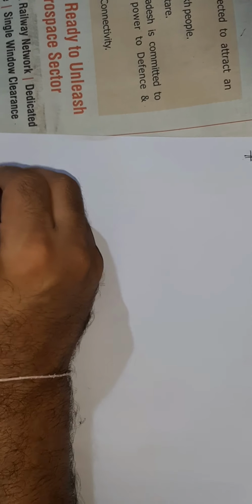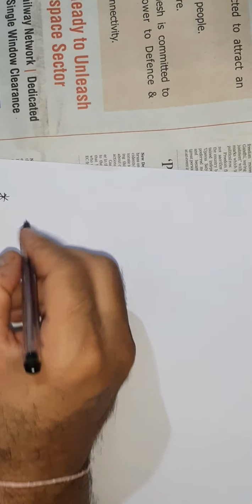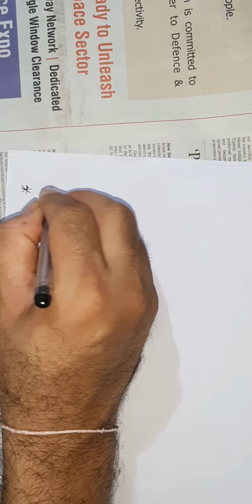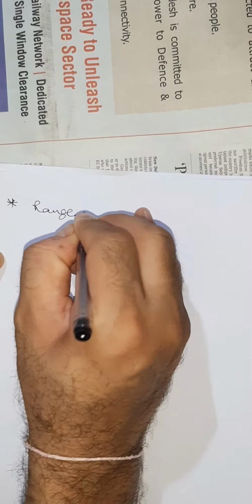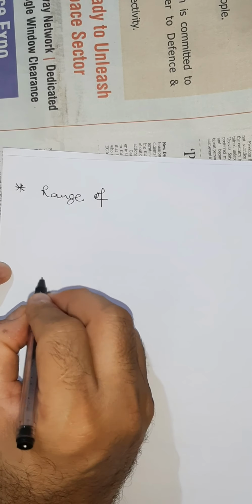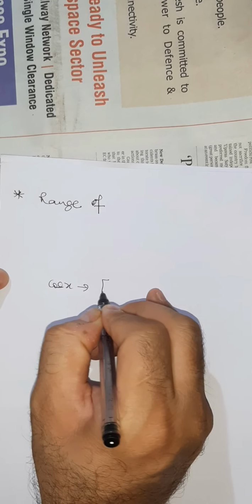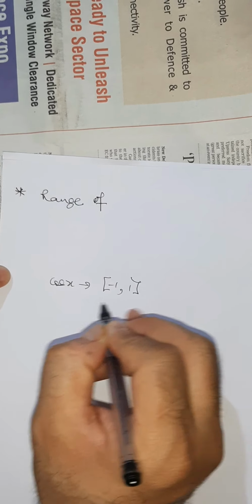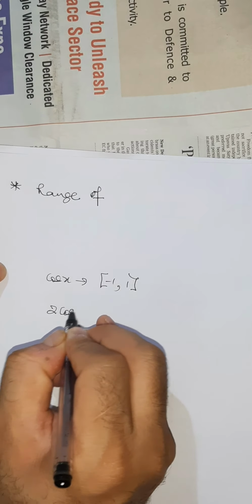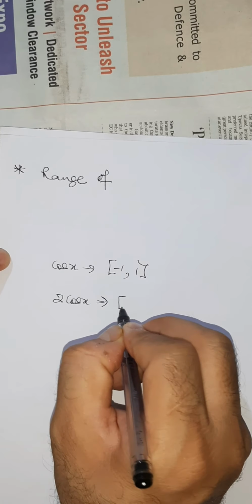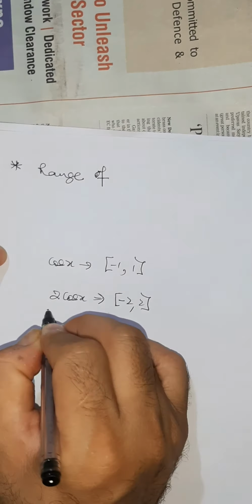The next is range of... before I state this, for example, if you have cos x function, what's the range of cos x? Minus 1 to 1. If I have 2 cos x, then what would be the range? It would be obviously minus 2 to 2, right?